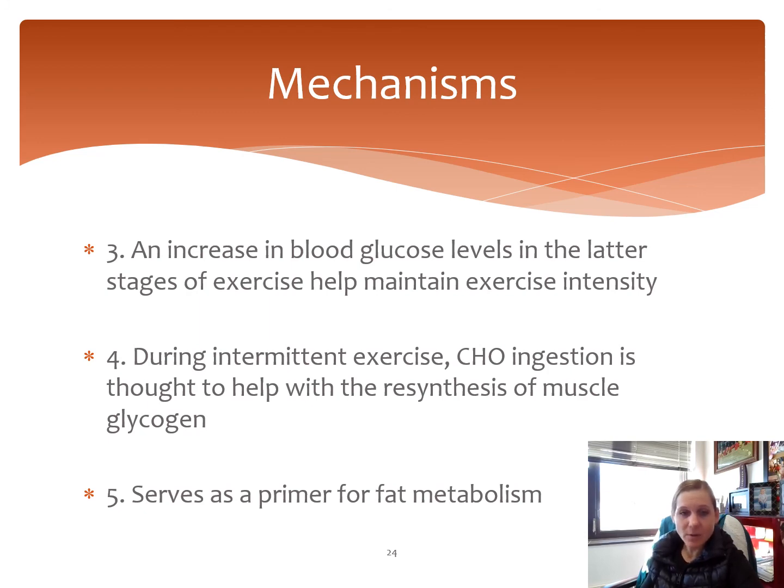And then number four, during intermittent exercise, carbohydrate ingestion is thought to help us with the resynthesis of muscle glycogen. Again, imagine I'm a basketball player, a soccer player, something along those lines, and that's intermittent exercise, right? I'm going to work really hard, sprint and work at a high intensity, and then there's a timeout. So now I get some time to recharge, or there's a couple fast breaks or whatever, and now somebody got fouled, and so they need to shoot a free throw.